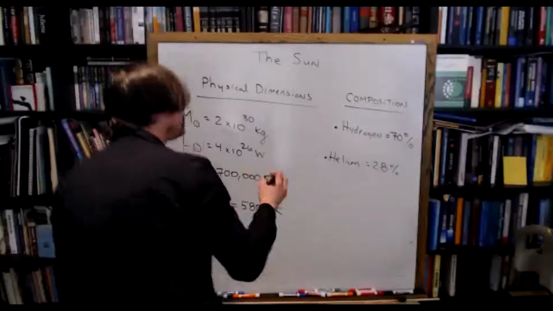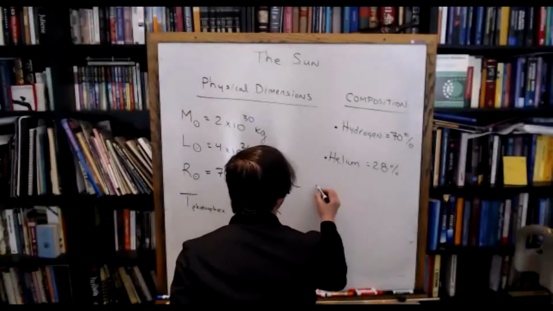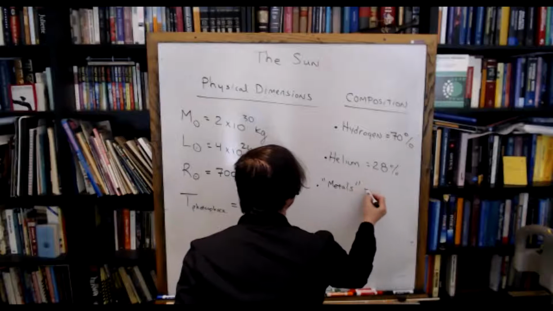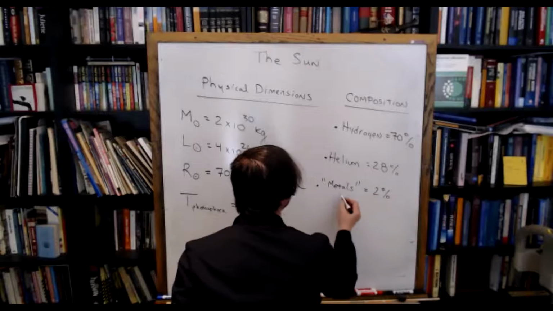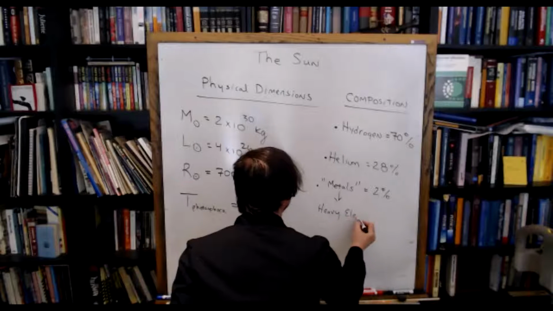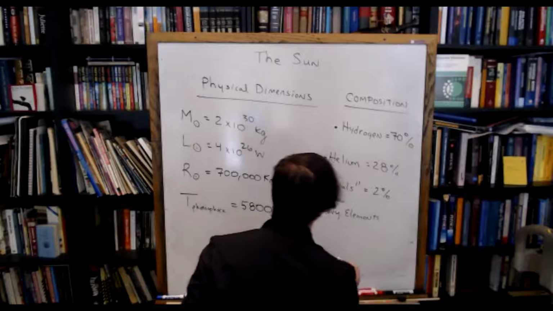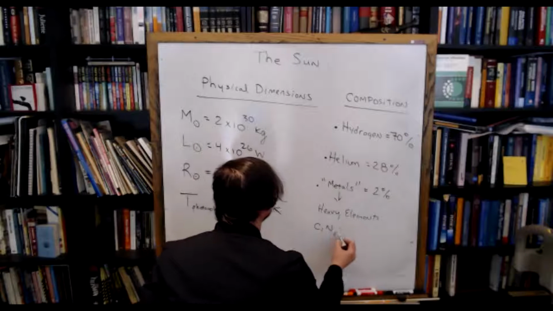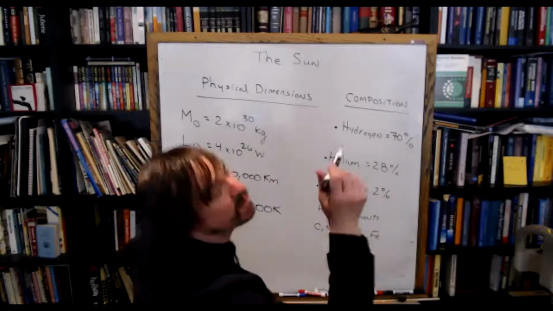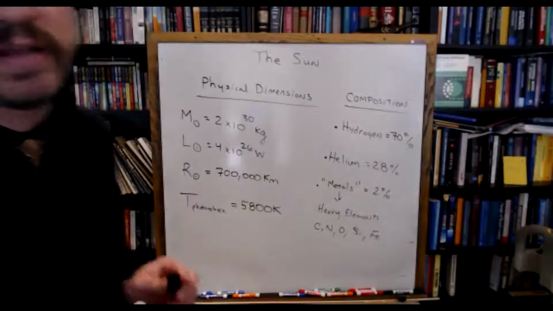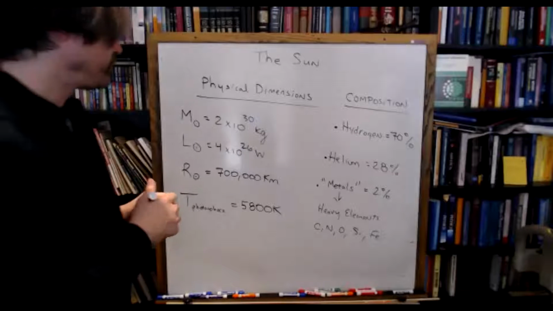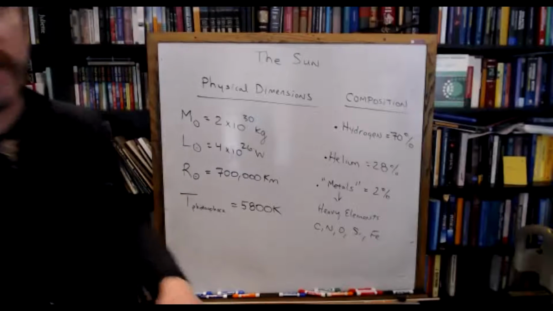And the remaining 2% is something that astronomers call, weirdly, metals. Although they don't mean what your chemistry teacher means by metals. Metals to an astronomer mean heavy elements, including things like carbon, nitrogen, oxygen, silicon, iron, uranium, whatever. If it's out there in the periodic table, it's not hydrogen or helium. Astronomers call it metals. Metals make up 2% of the sun.